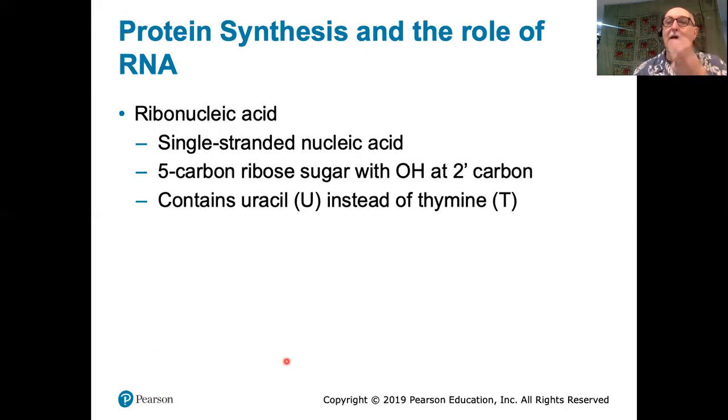They don't speak the language of DNA. The cell cannot go directly to the DNA and just make a protein from the information contained in DNA. Instead, the cell requires an intermediary. It requires an intermediate form which it can actually interpret. And that intermediate form is RNA.